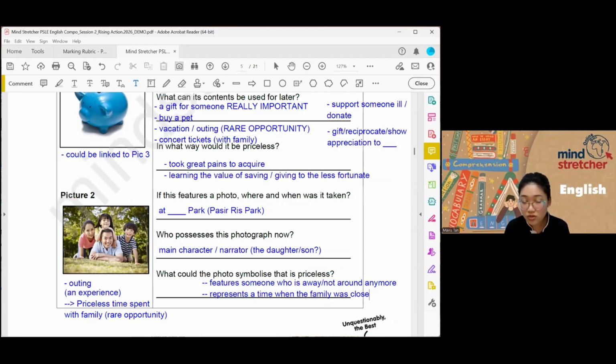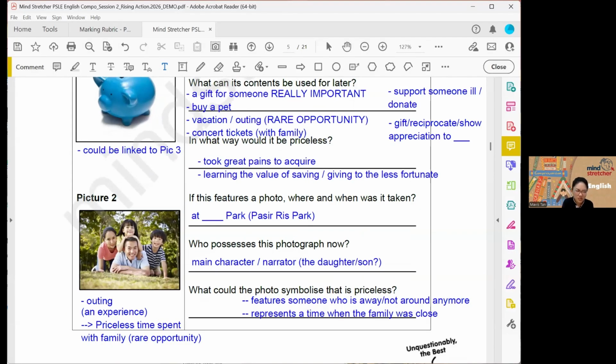Maybe at the time when the story is told, they are no longer like that. Or in the past, the family used to fight a lot. Okay, they didn't have a good relationship. And finally, one day, because of a particular outing, things changed and they became close. That's also possible. Okay. Or from not being close to being close knitted, right?